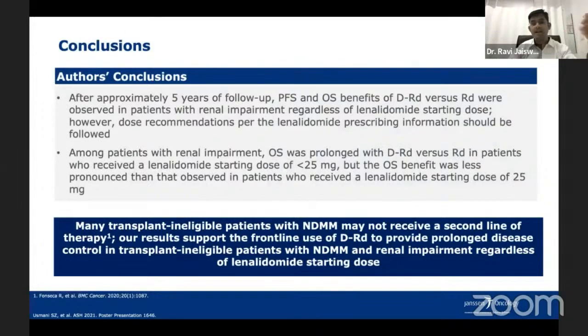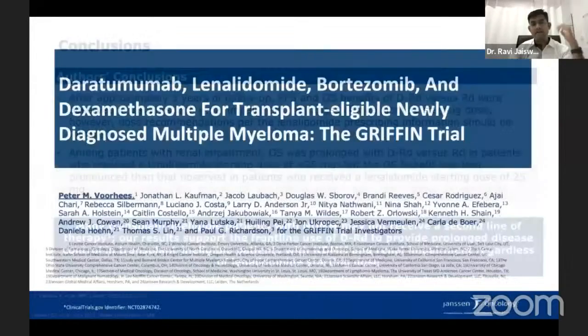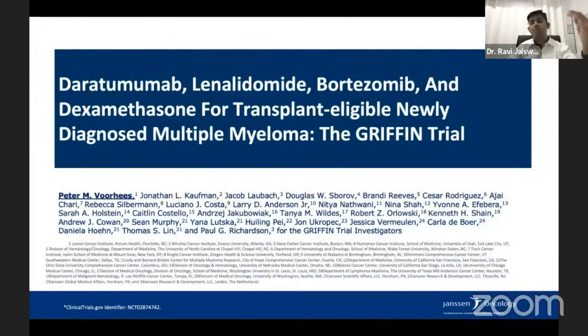So the study tells us that at a follow-up of 5 years, the PFS and OS was beneficial in the group which had received Dara, and if patients had a renal impairment, it was better to use a lesser dose of lenalidomide.